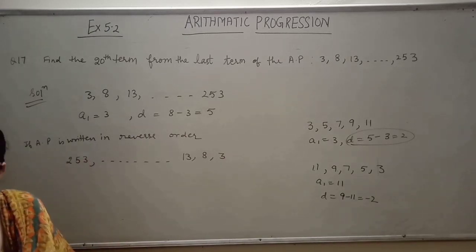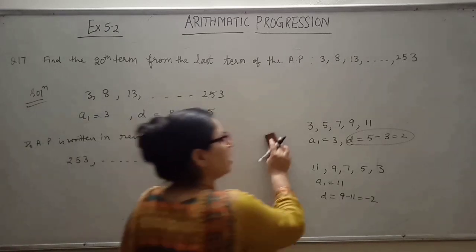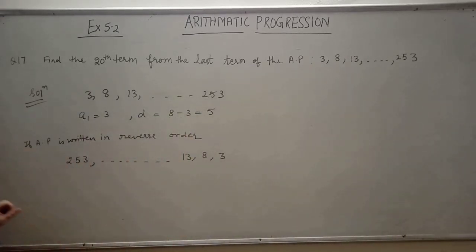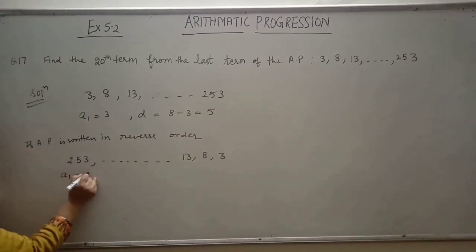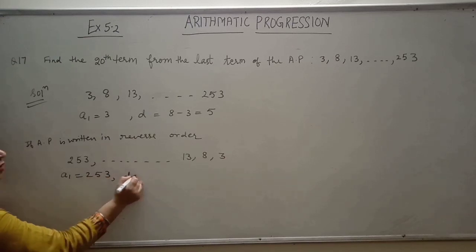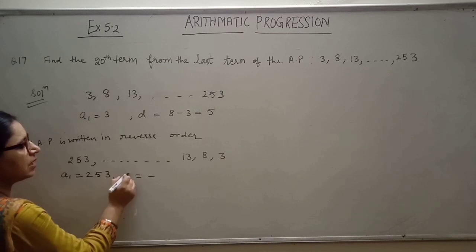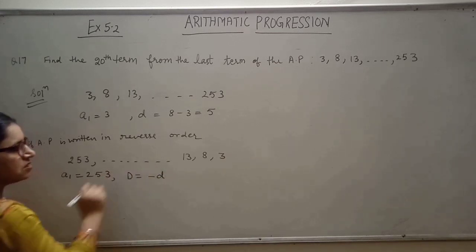If you have reversed the AP, the sign of D will also be reversed. So here in this case 253 and D would become minus, because D, you write it as capital D, is equal to minus D.